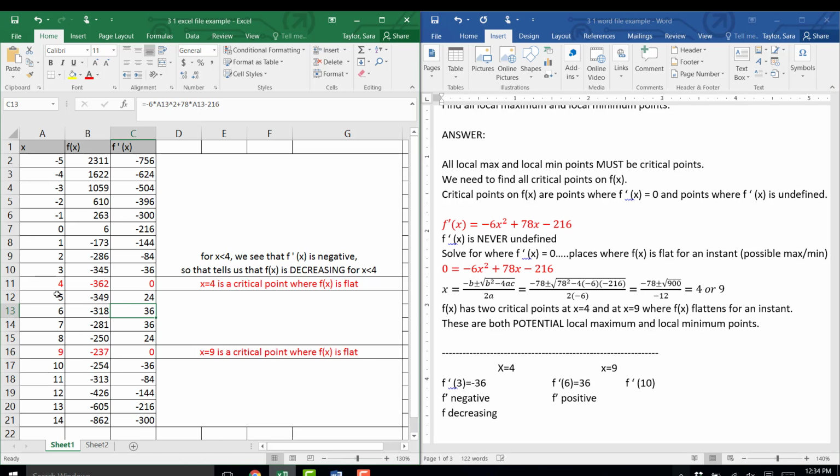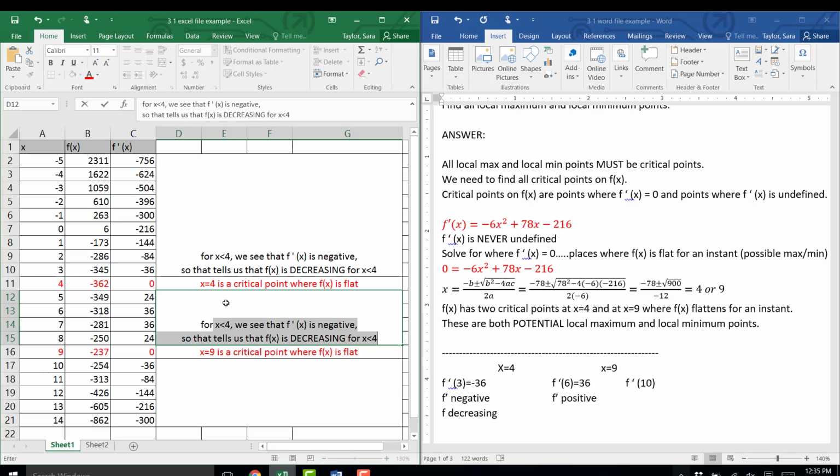You'll see that's true for all x values on this interval between 4 and 9. So for 4 less than x less than 9, we see that f prime of x is positive. So that tells us that f of x is increasing for this interval between 4 and 9.